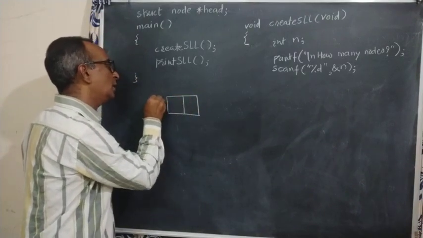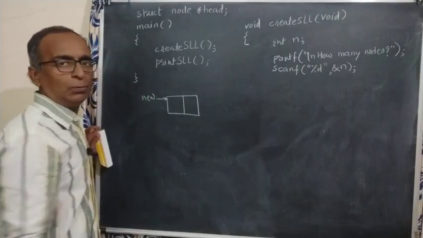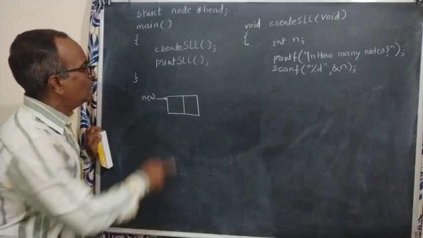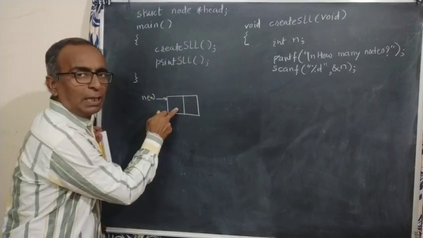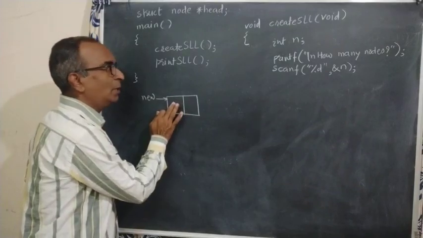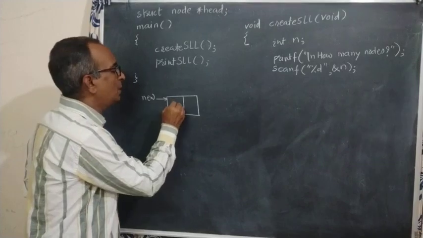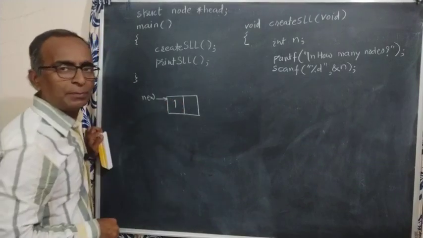How to create a node, you know. This is pointed to by new. New is pointing to the memory allocated by malloc. Now the information field is given whatever value you provide.